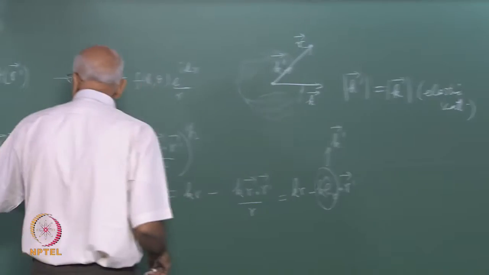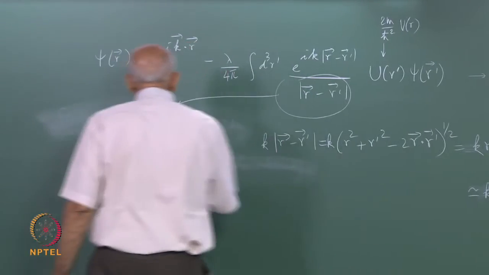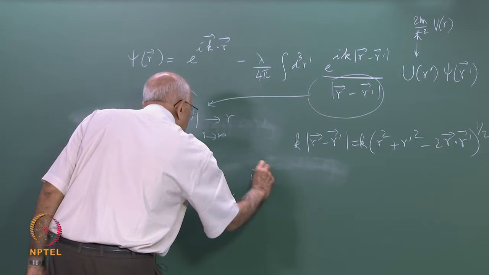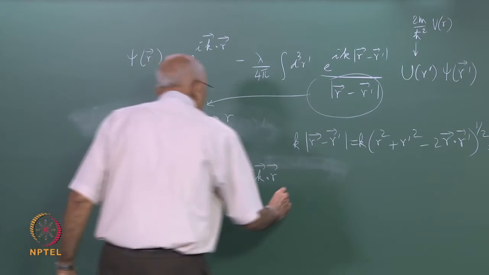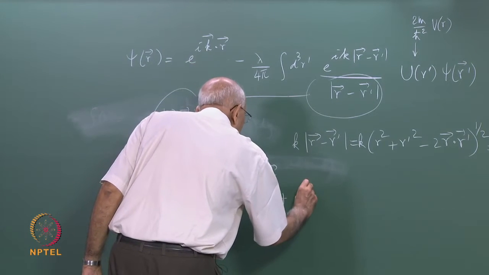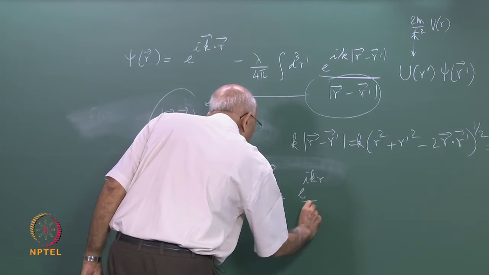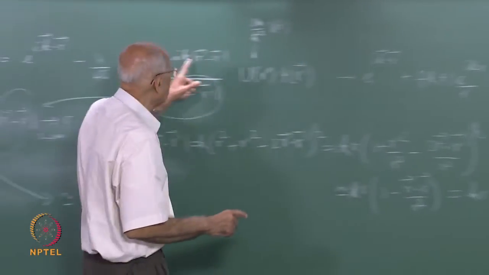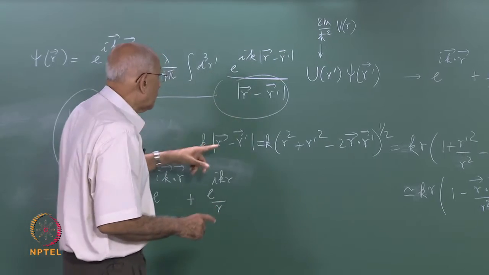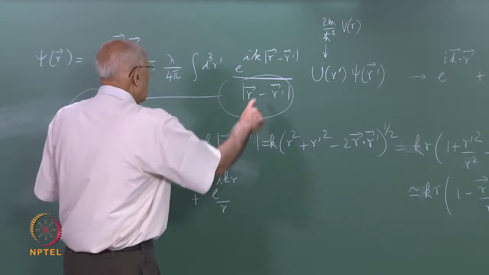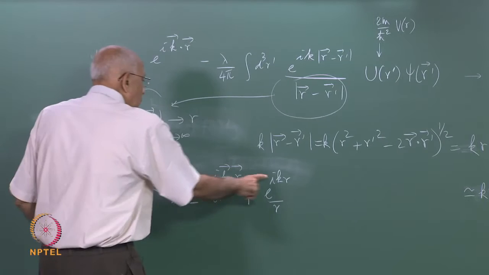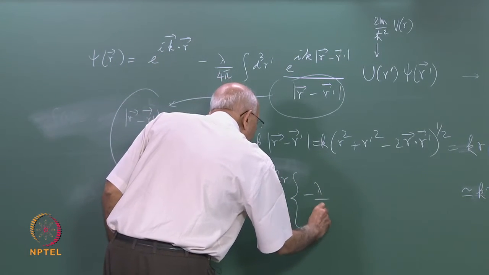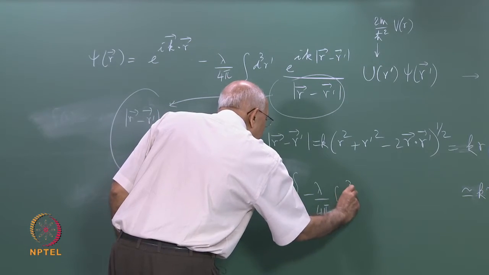So you could go back here and write this whole thing out as approximately equal to e to the i k dot r plus e to the i k r over r. The k r comes from here in the exponent, and then the r comes out from this factor, there is a 1 over r. So e to the i k r over r multiplied by minus lambda over 4 pi and integral over d3 r prime.